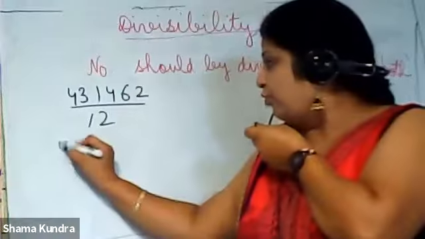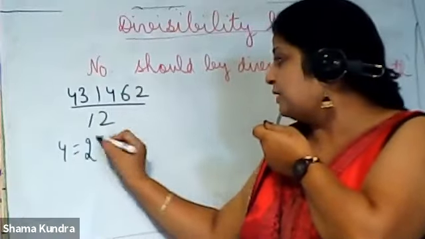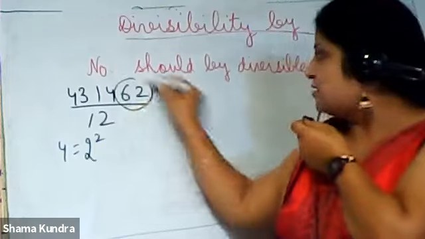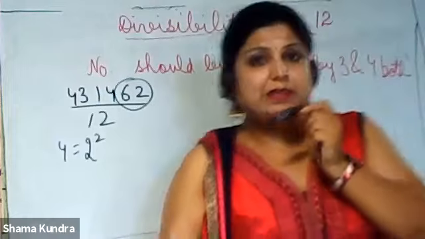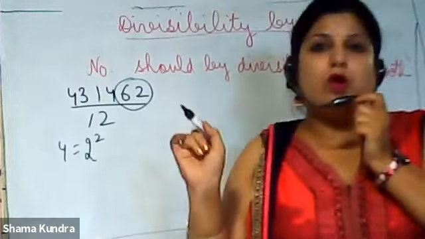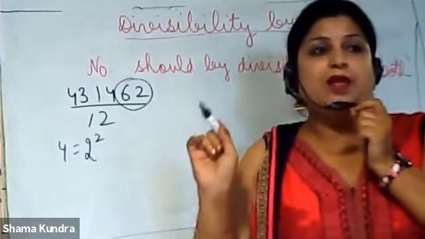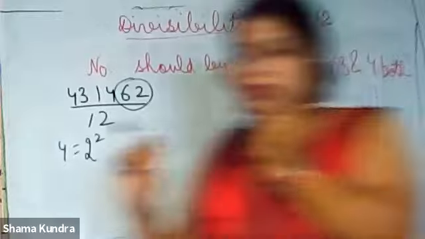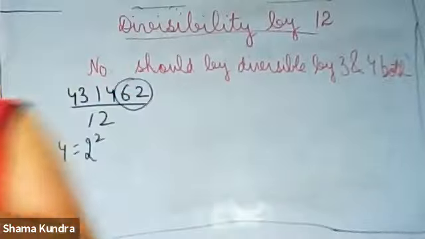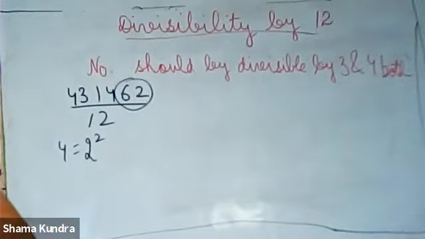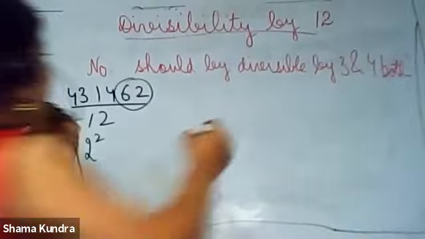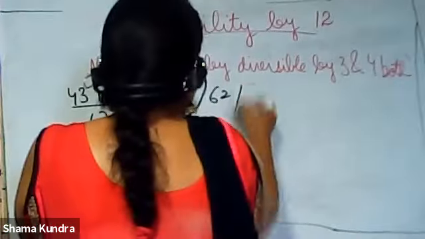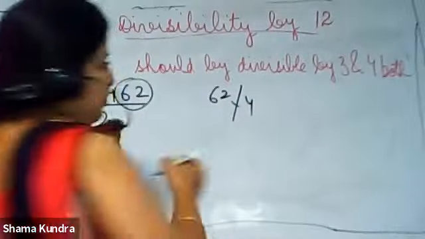We know the rule for 4. 4 means 2 squared, so the last 2 digits must be either 0, 0 or divisible by 4. We know 62 is not divisible by 4.